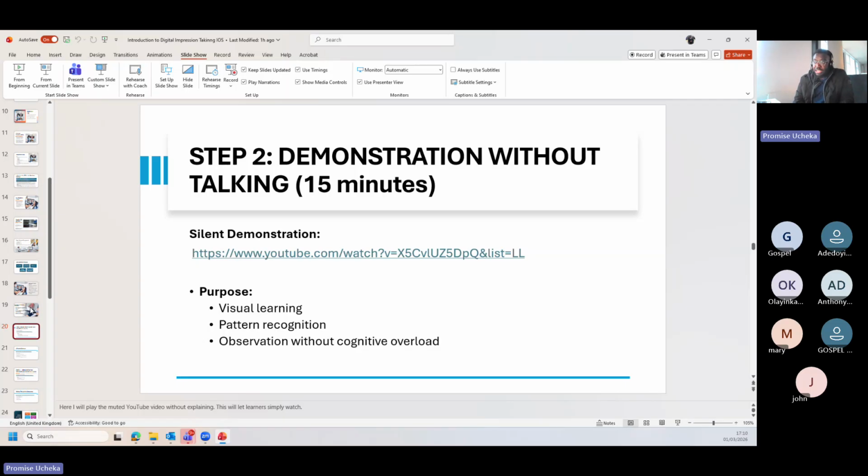Look at the patterns, try to recognize the patterns, and observe how the person who is doing the scanning is making his movements and how he's capturing the images, and then we can discuss this a bit later. So this will be without any volume.